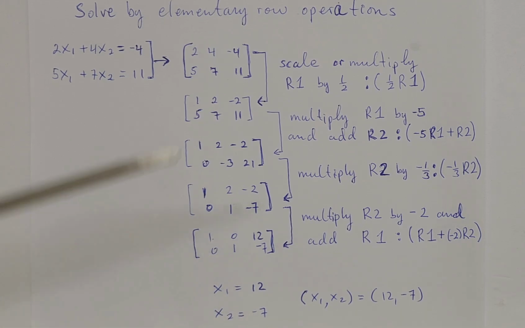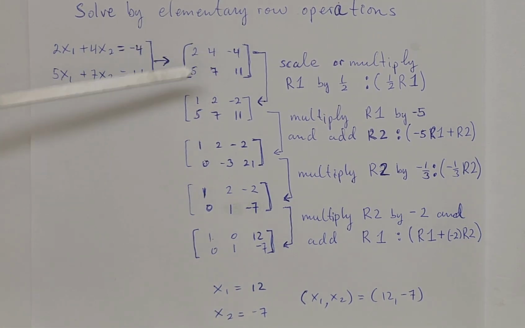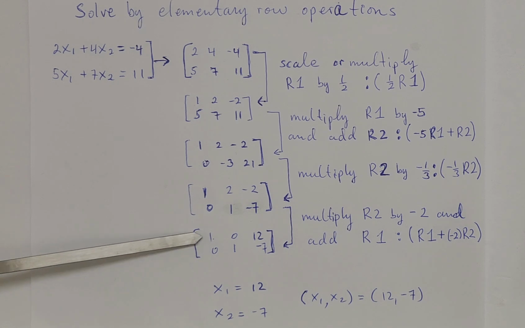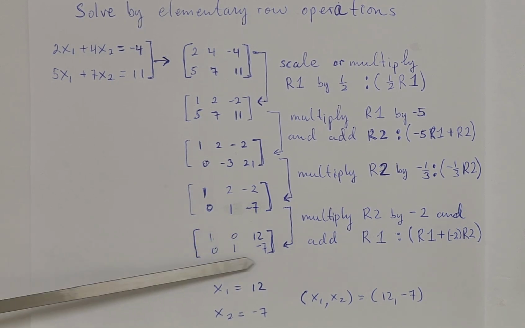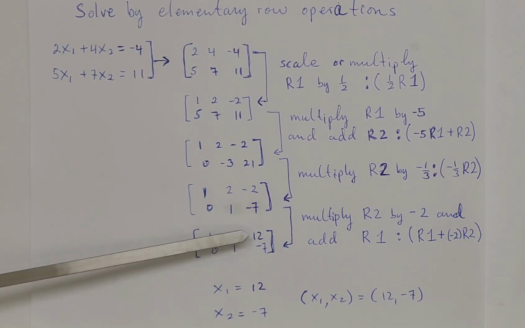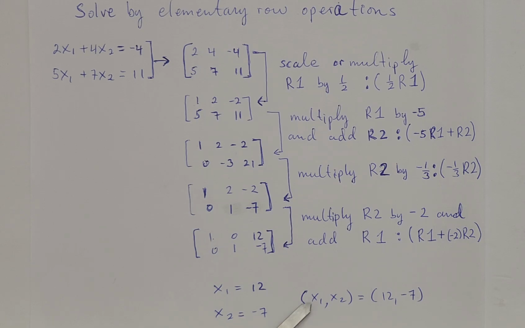We can write it in this format: x1, x2 equals 12, -7.